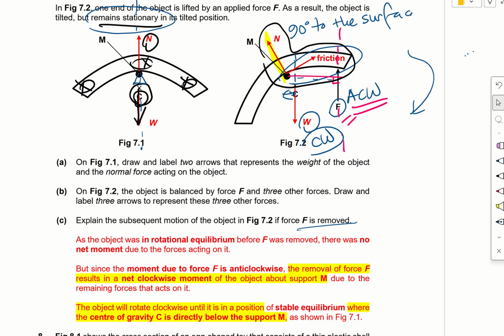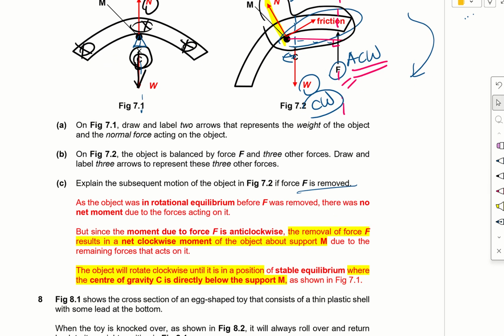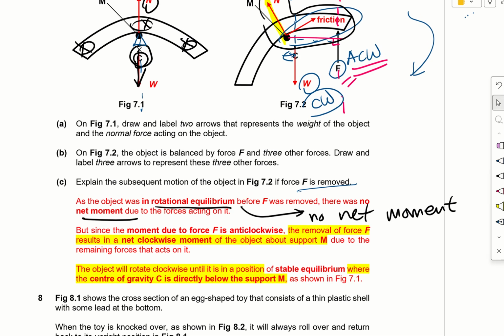Okay. So as the object was in rotational equilibrium, which just means there was no net moment. But since the moment due to force F is anti-clockwise, the removal of force F will result in a net clockwise moment. So if I remove F and its anti-clockwise moment, there will only be a clockwise moment.